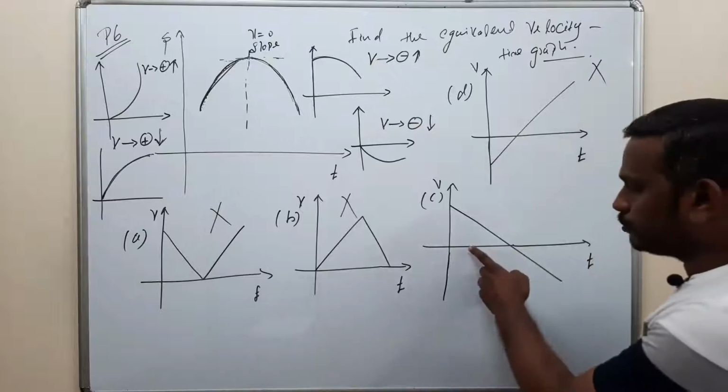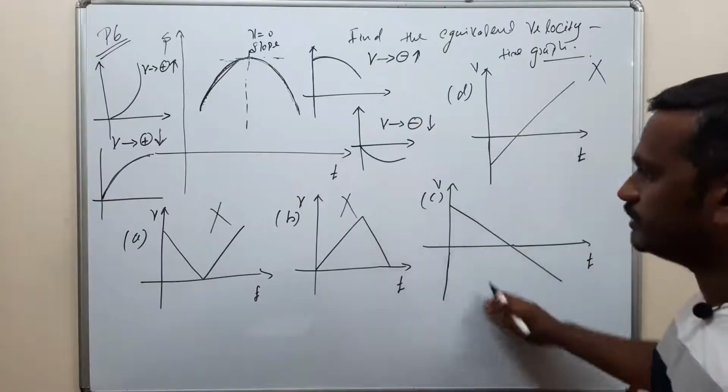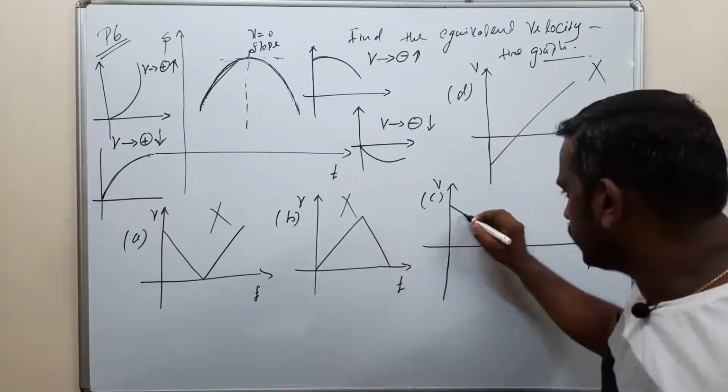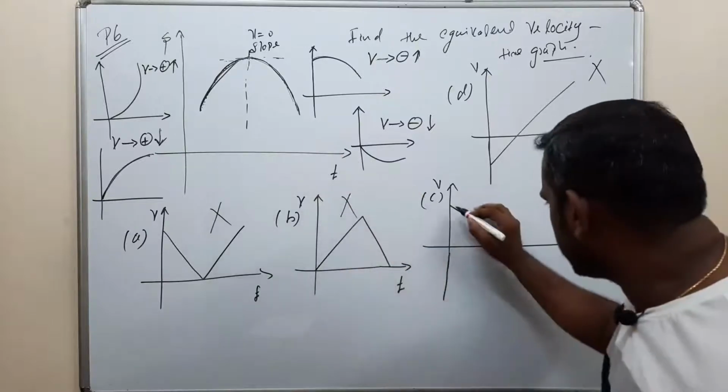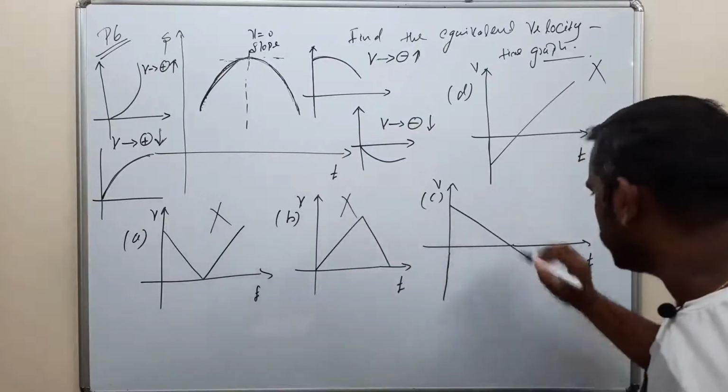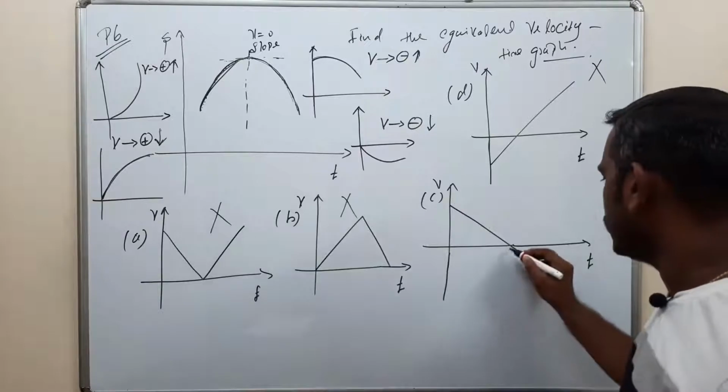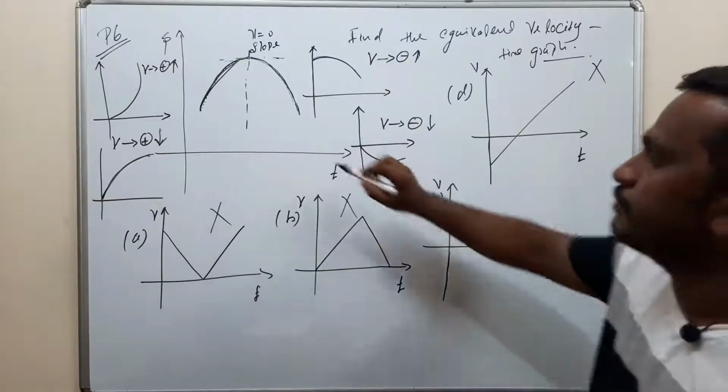When you come to this option, velocity is first positive and decreasing, and at a particular point velocity becomes 0.